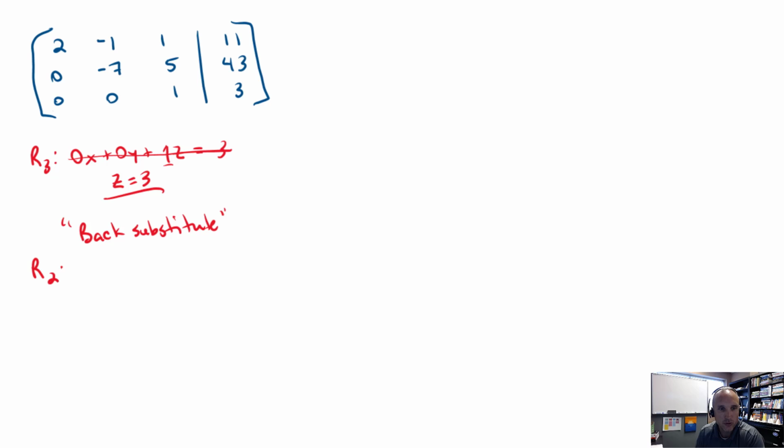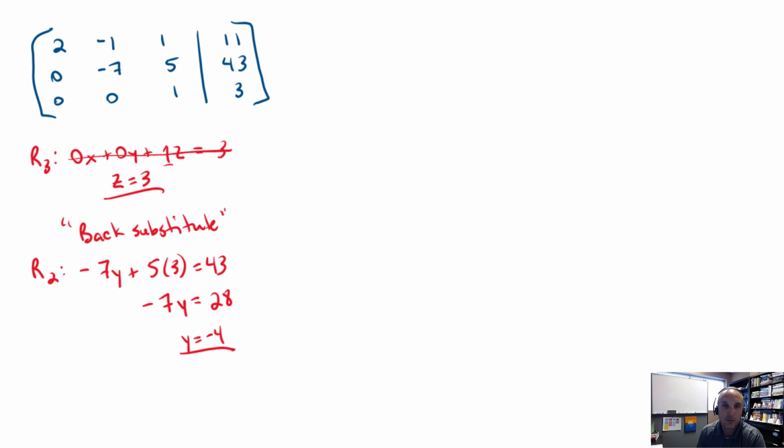So in row 2, we have 0x, so I'm not going to write that, minus 7y, we don't know what y is, plus 5z, well, z is 3, so 5 times 3 equals 43. And now we can solve this for y. So we get negative 7y, 5 times 3 is 15, and if I subtract that from 43, I get 28. So we can see that y is negative 4.